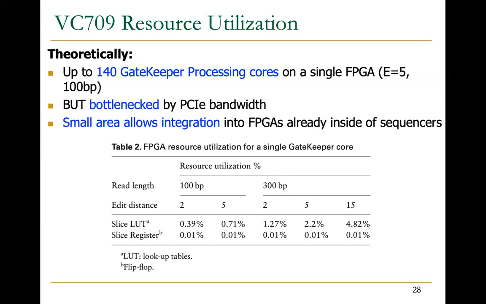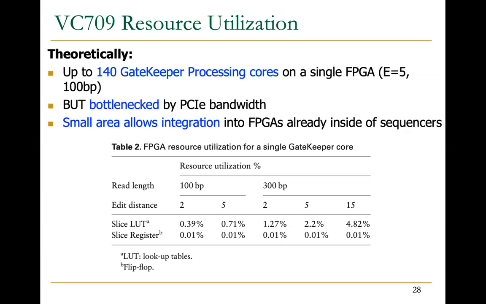These are the resource utilization results from implementing GateKeeper. As you can see, this is for a single problem of length 100 or 300. And you can see at most, the resources are less than 5% of the total resources we have in the FPGA.